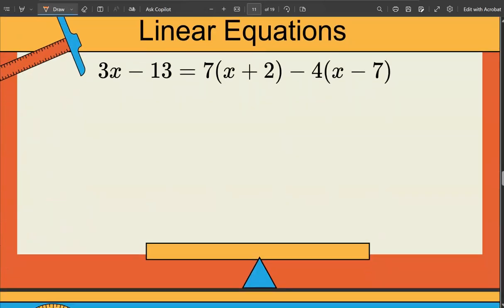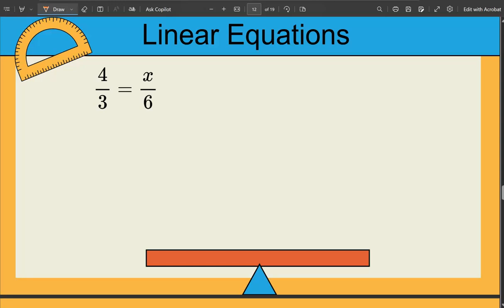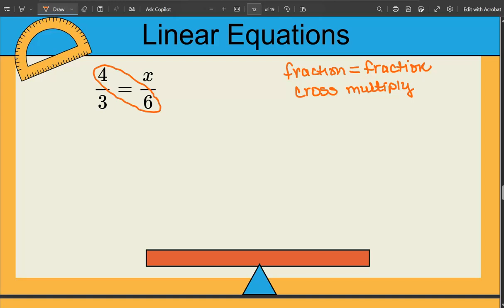I'm going to skip those couple and I'm going to get to the proportions. And so when we have proportions, you have a fraction that equals a fraction. When you have a fraction equaling a fraction, you can actually cross multiply. And so what that means is you're going to go across the equal sign.